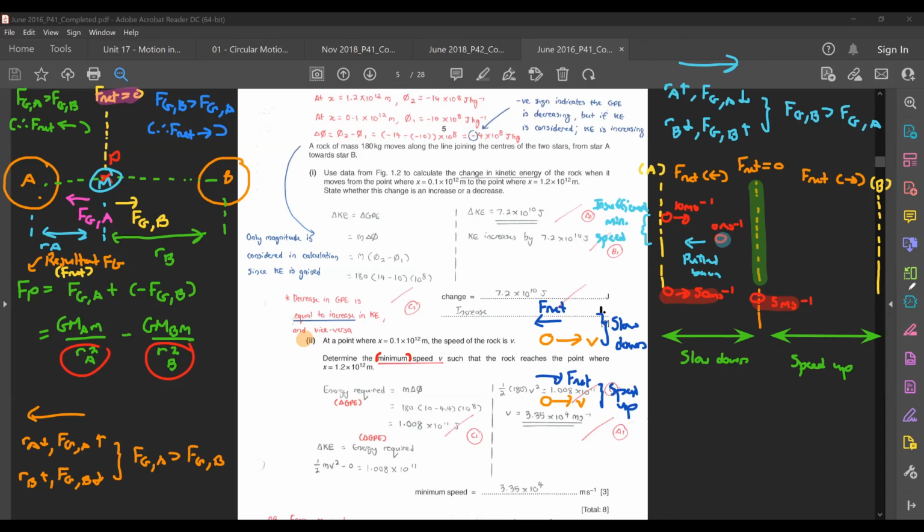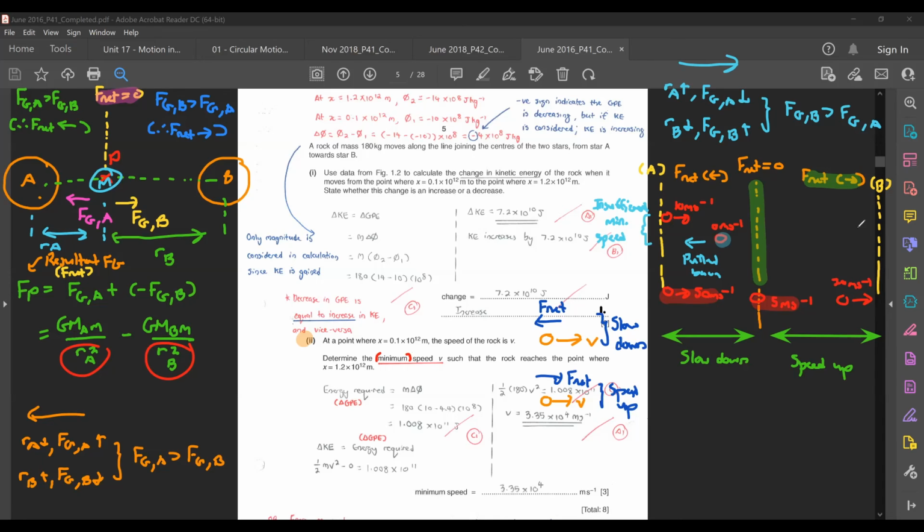What do you suppose will happen then? Because you've reached F net equals to 0 with a certain speed, what happens after that is that you already have a net force acting along the same direction as your motion right now. So what will then happen is that your object will now speed up towards star B. Maybe now it will speed up to 20 meters per second.